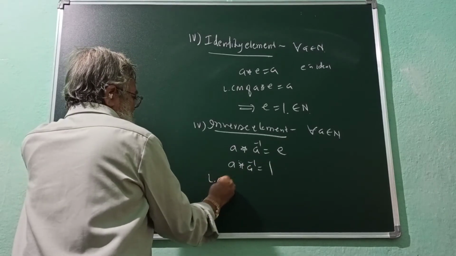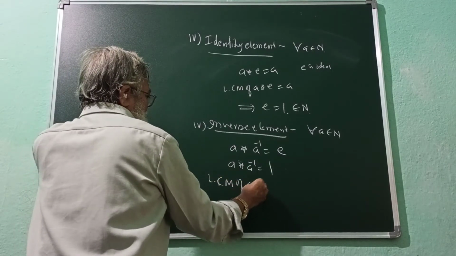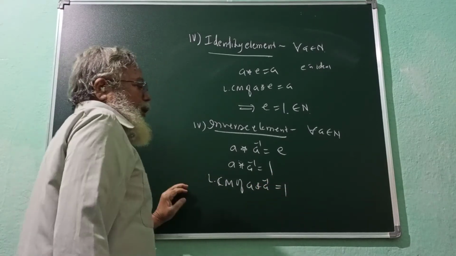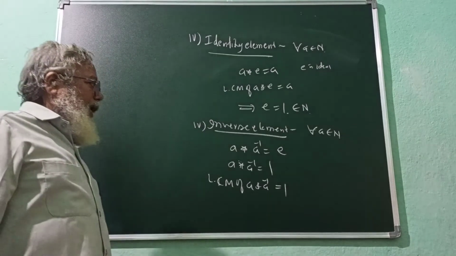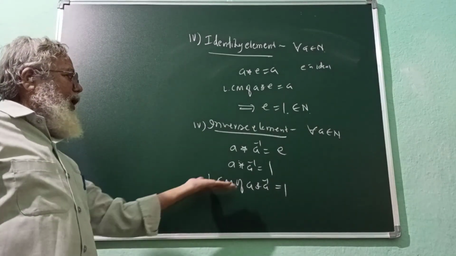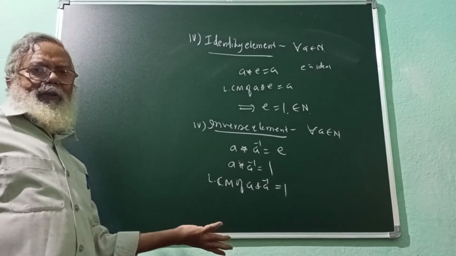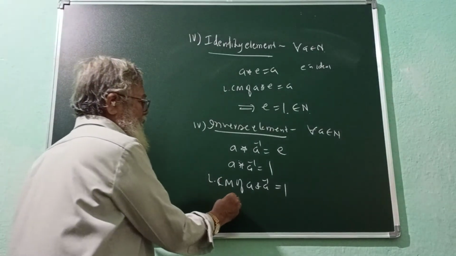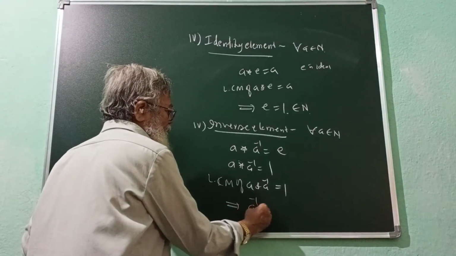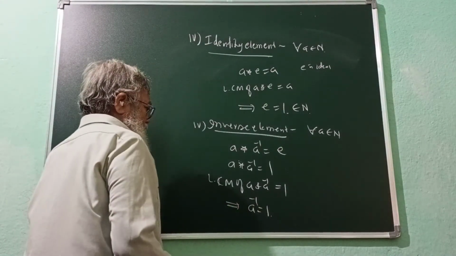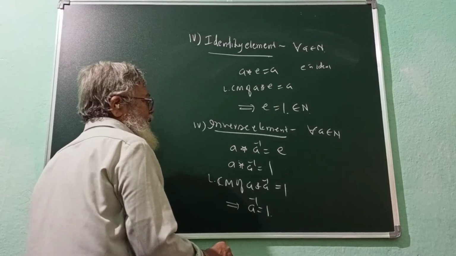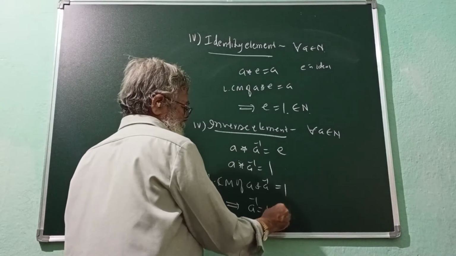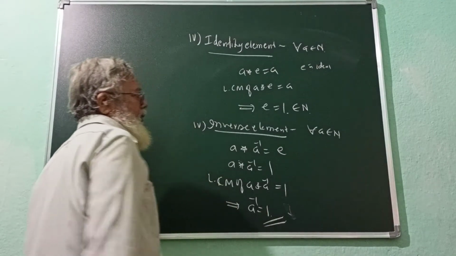That is, the LCM of A and A inverse must be equal to 1. Now see the possibility of getting 1 for the two numbers. It is the LCM of 1 and 1 only that will be 1. You cannot take any element other than 1. So A inverse is equal to 1. Therefore, 1 is the invertible element. So that is the required thing here.